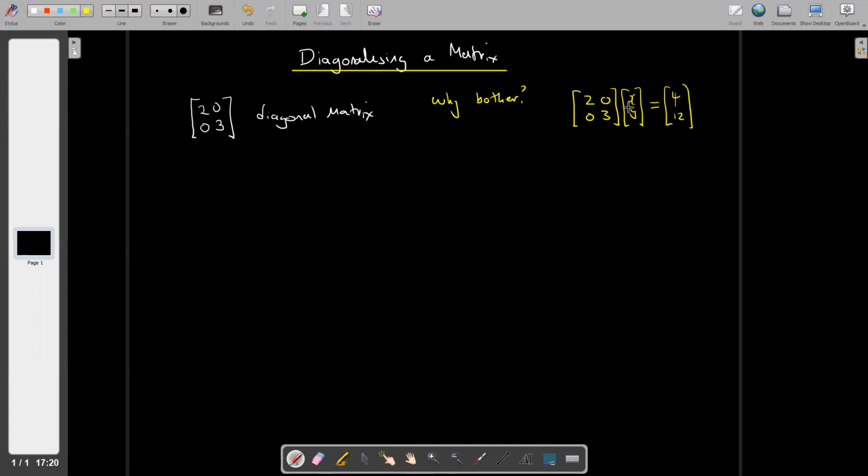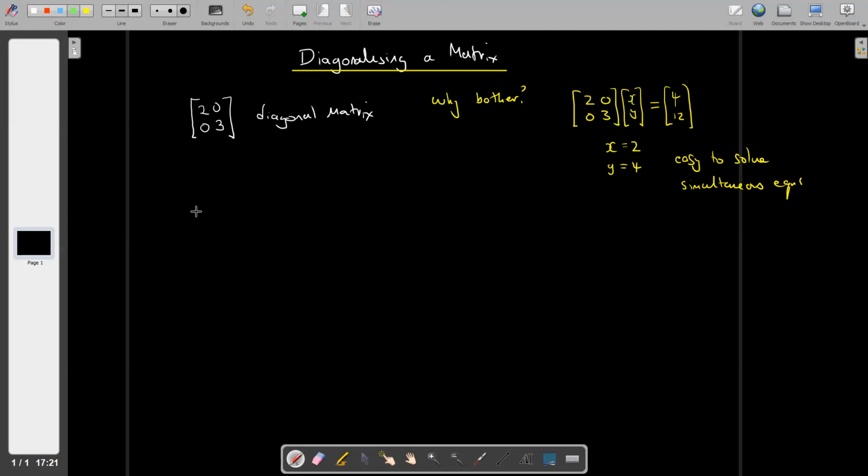Hopefully you can see that the solution would be 2x equals 4, so x is equal to 2, and 3y equals 12, so y is equal to 4. So they're easy to solve. One reason is they're easy to solve, and what I mean by that is simultaneous equations. So that's one reason why we could bother.